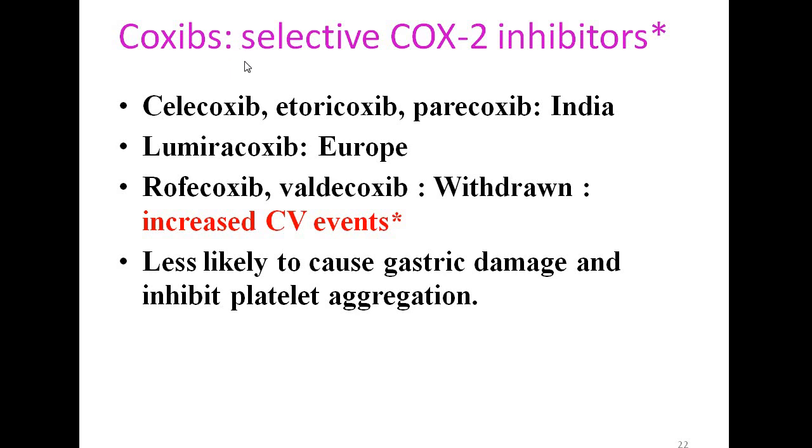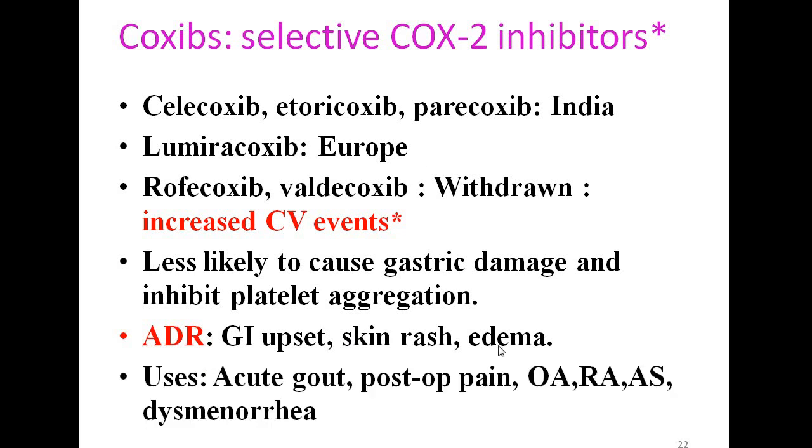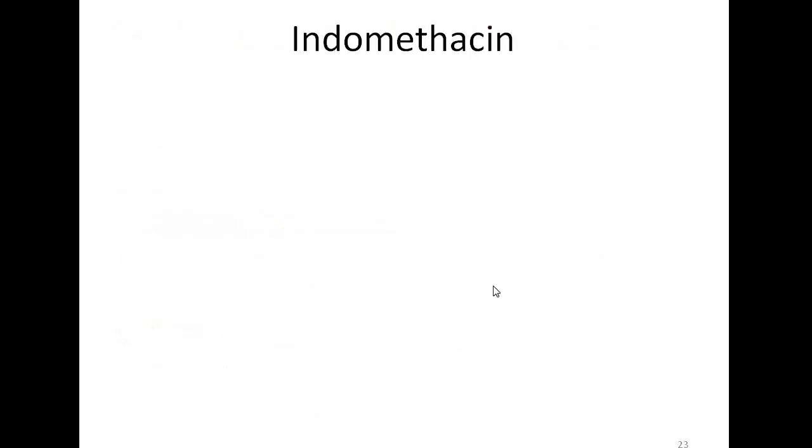Now, because the Coxibs are selective cyclooxygenase 2 inhibitors, they are less likely to cause gastric damage and inhibit platelet aggregation. Adverse effects, though we say less likely, it does cause some amount of nausea, vomiting, gastritis, skin rash and peripheral edema. The Coxibs are used in acute gout, postoperative pain, dysmenorrhea, osteoarthritis, rheumatoid arthritis and ankylosing spondylitis.